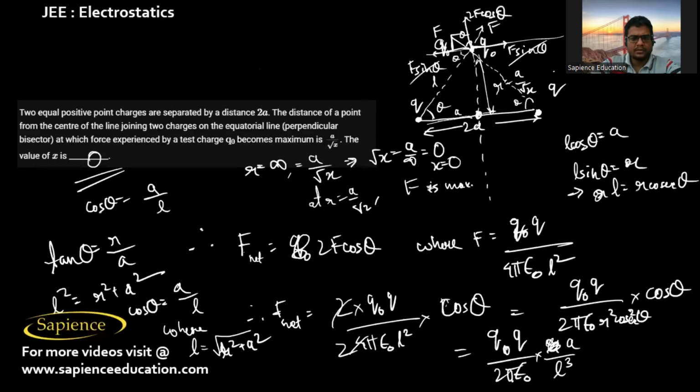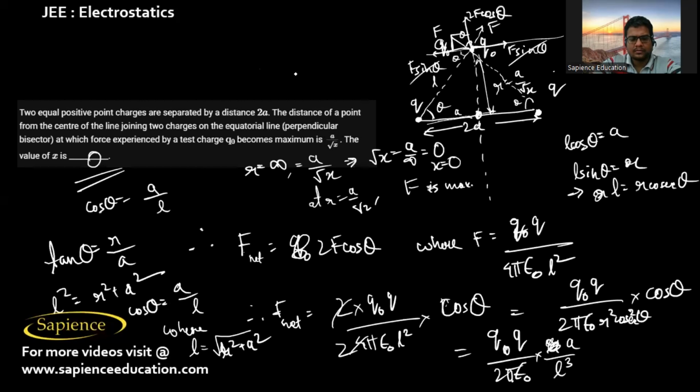Okay, so here we have said that the net force on the charge q naught is q naught q a by 2 pi epsilon naught into L cube. Now L I can say a by cos theta.